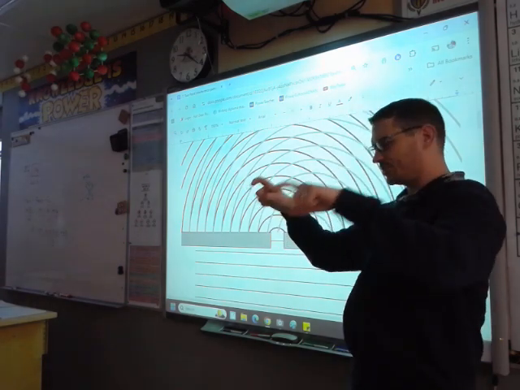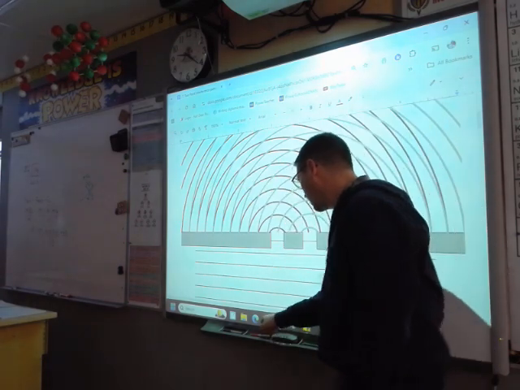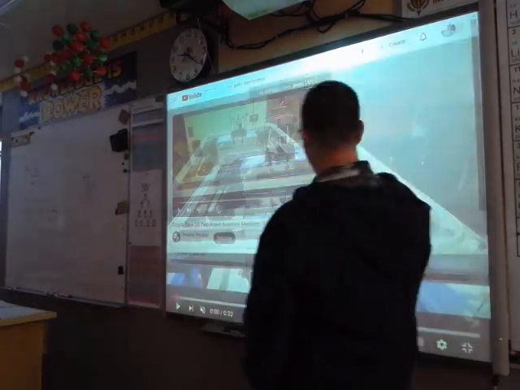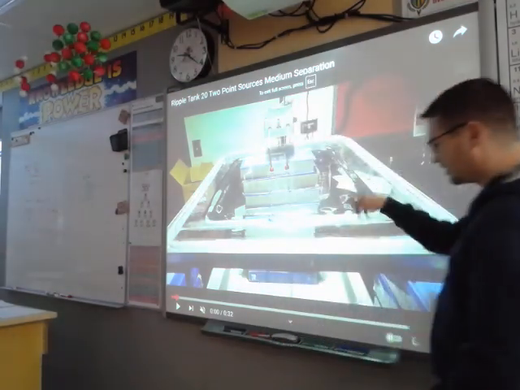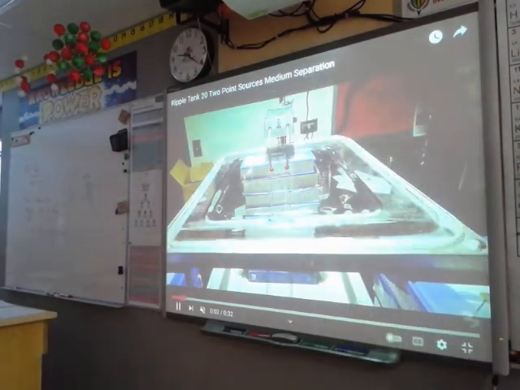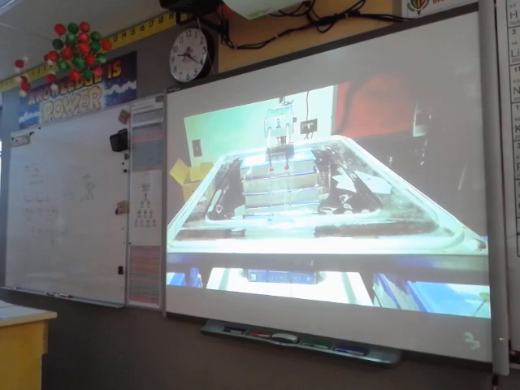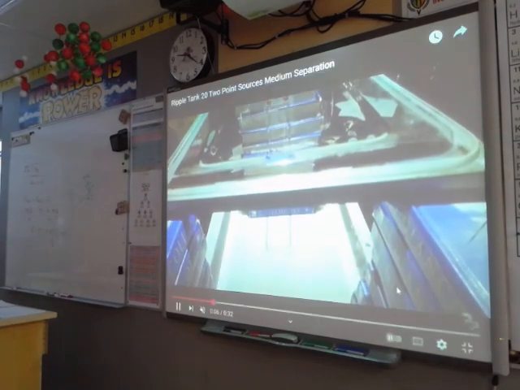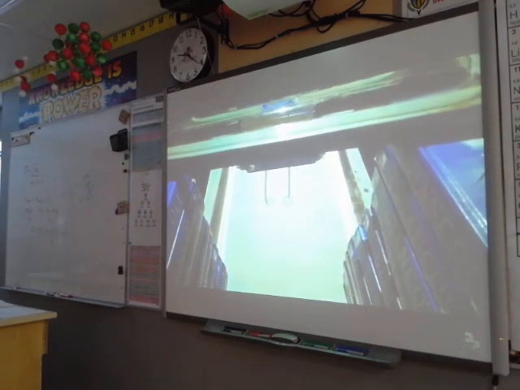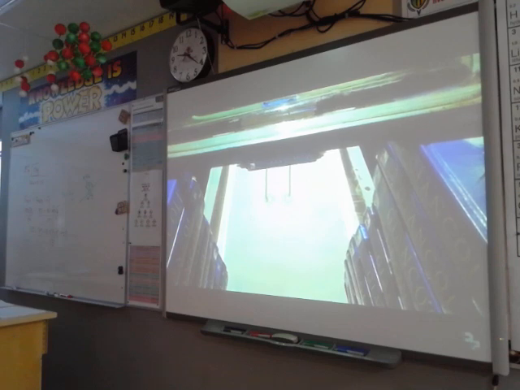That's where the 2 point sources are going to create the waves. Okay, so here we go. Let's try this, and it's on mute right now, but it doesn't really matter. It's all good. So it's just showing you the setup, and then it's showing you what to see below it.